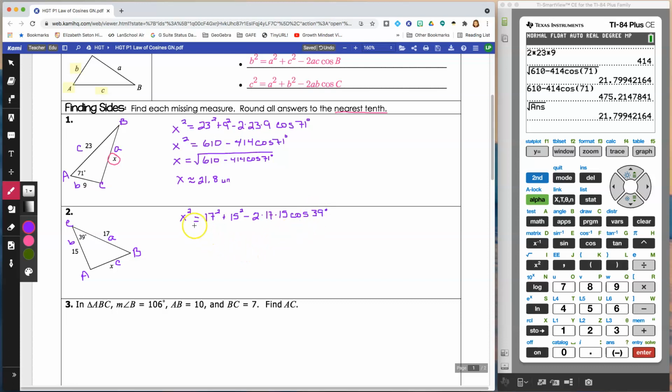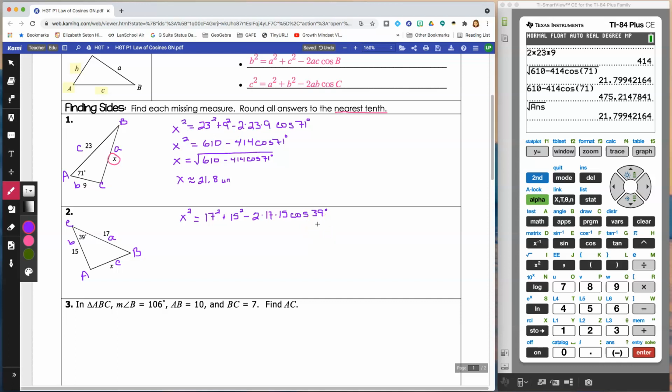So this is my formula, my little c is x. So x squared is equal to 17 squared plus 15 squared minus 2 times 17 times 15 times the cosine of 39 degrees.